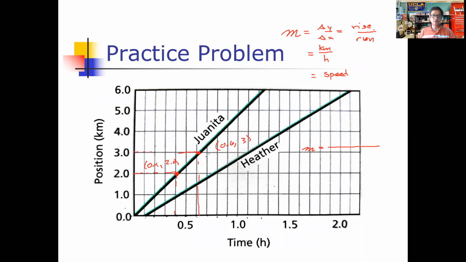The change in y is going to be 3 kilometers minus 2 kilometers, over the change in time, which is going to be 0.6 hours minus 0.4 hours. Let's plug that in. That's going to be 1 kilometer over 1 hour.